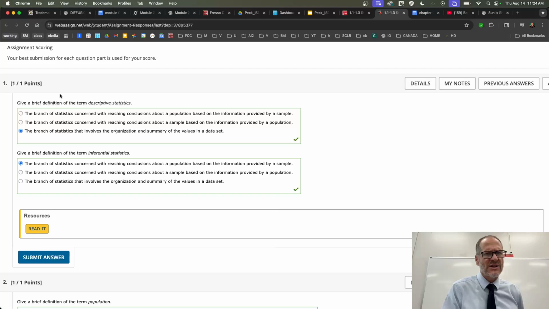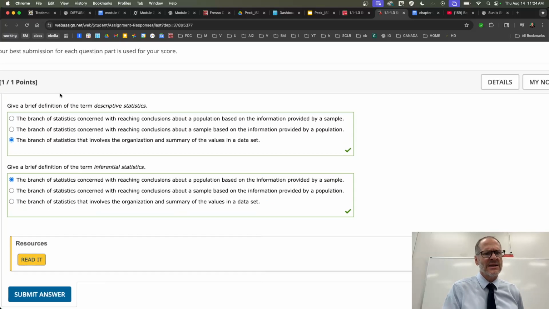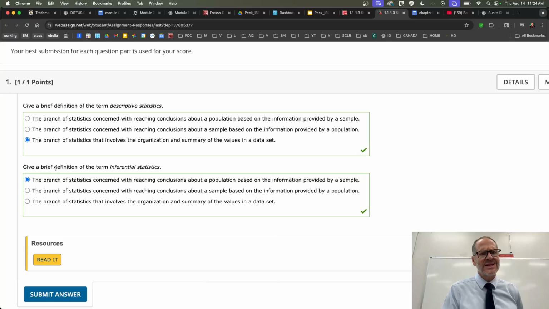Give a brief definition of the term descriptive statistics, right? And give a brief definition of the term inferential statistics. And so you could use ChatGPT, you could use any AI to, please explain to me what's descriptive statistics, please explain to me what's inferential statistics. You could take a picture of this, a screenshot of this.